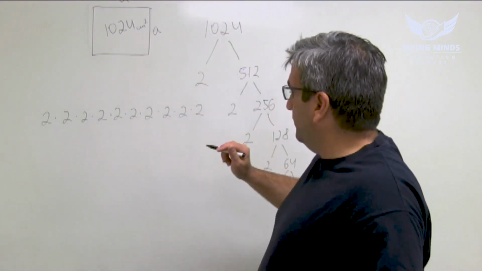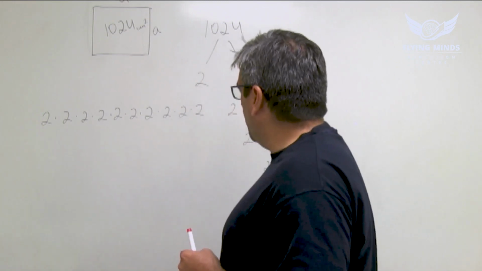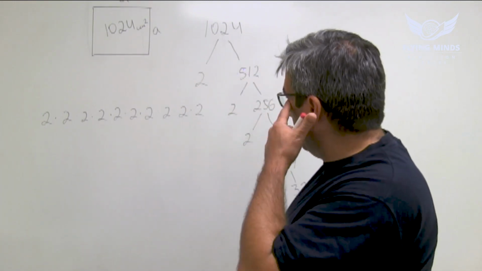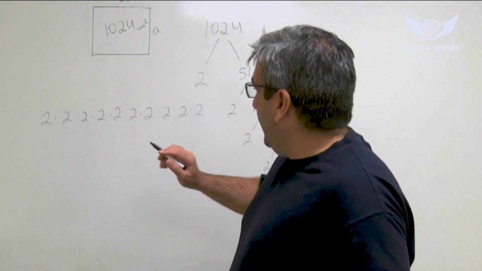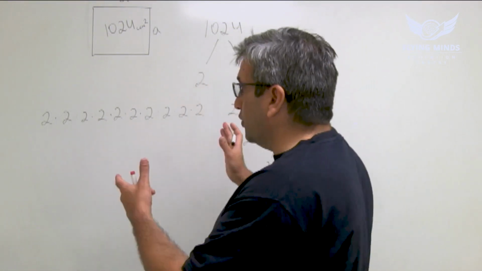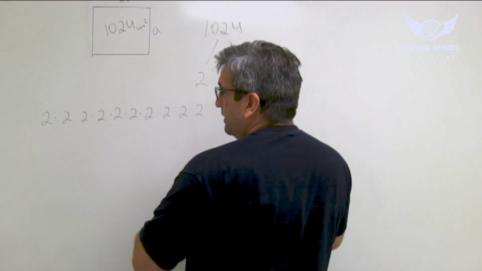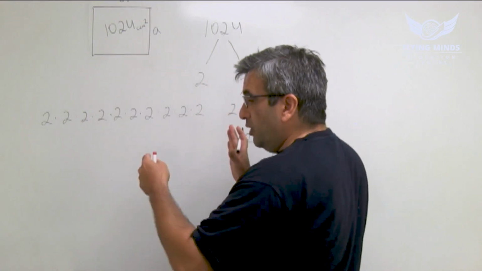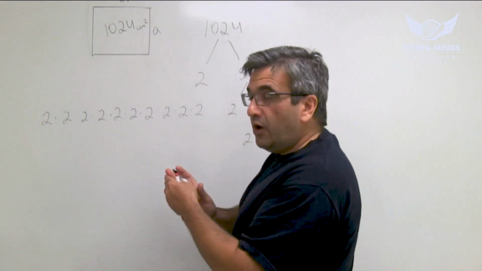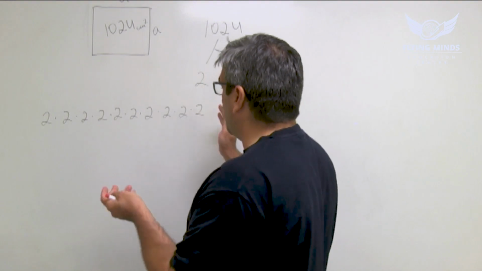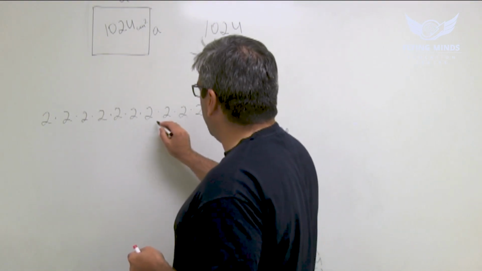1024, a famous number for people who deal with coding. What we need to do is group these factors into two groups with an equal number of factors. Because we have 10, we can group them by 5.